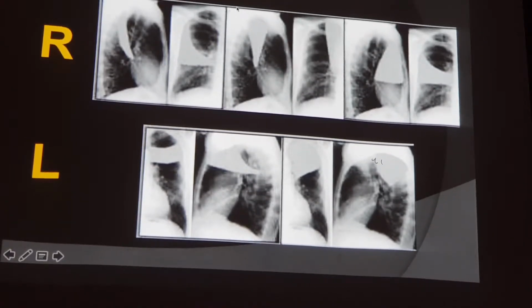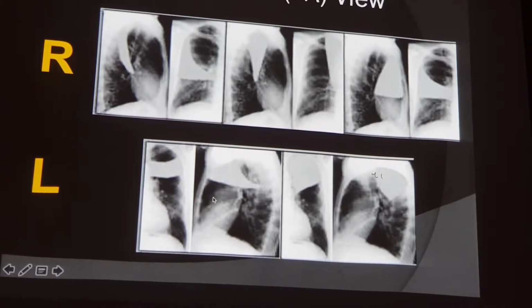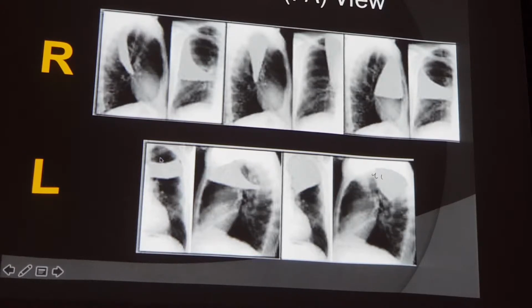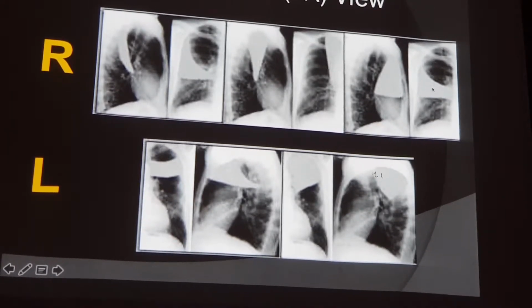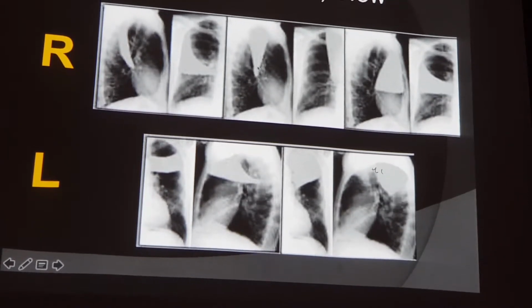So for the right upper lobe, we have your apical, anterior, and posterior segments. For the left upper lobe, we have your anterior, so it equates well with the right. But instead of having an apical and posterior, it has an apico-posterior segment. So these two merged in the left.